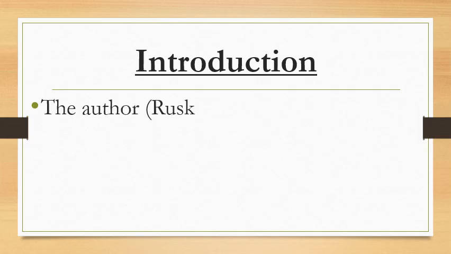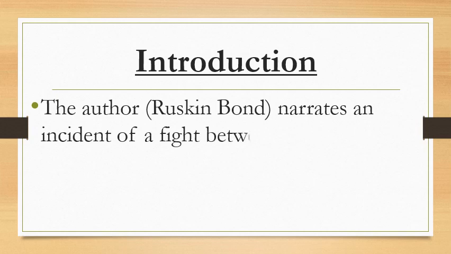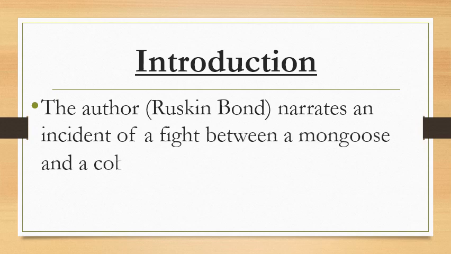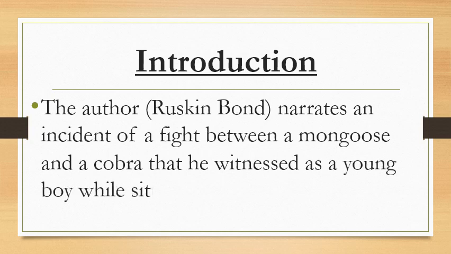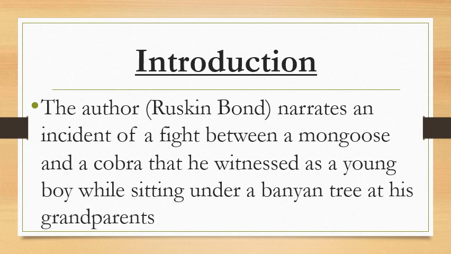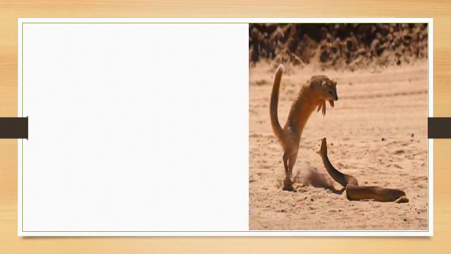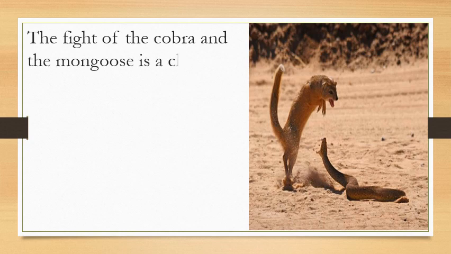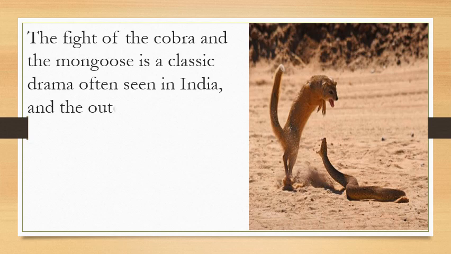The author, that is Ruskin Bond, narrates an incident of a fight between a mongoose and a cobra that he witnessed as a young boy while sitting under a banyan tree at his grandparents' house. The fight of the cobra and the mongoose is a classic drama often seen in India, and the outcome is largely the same.